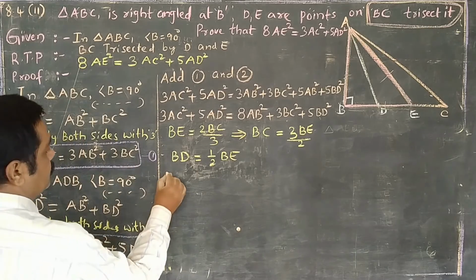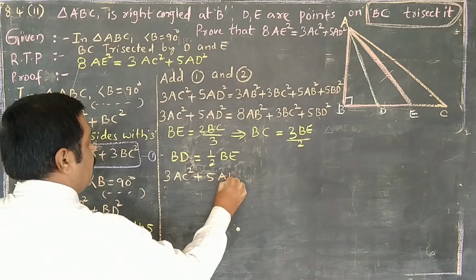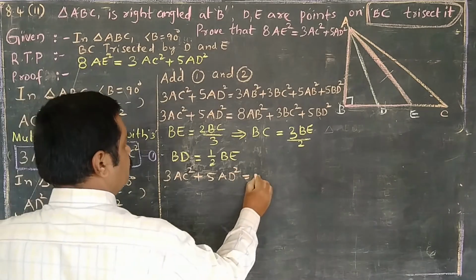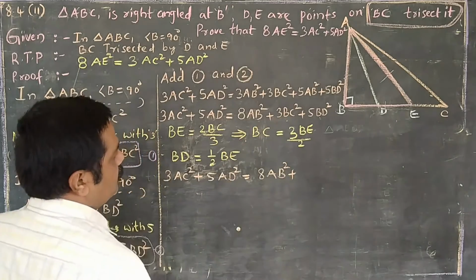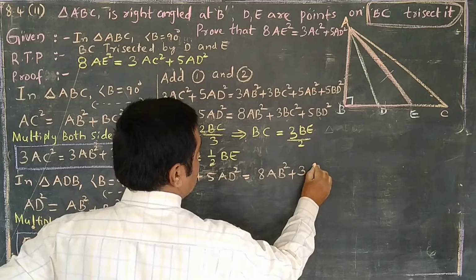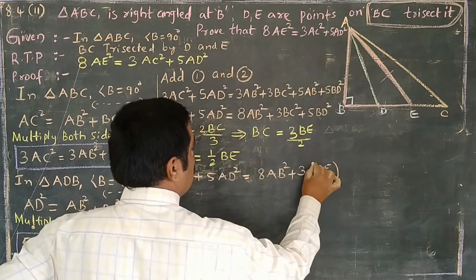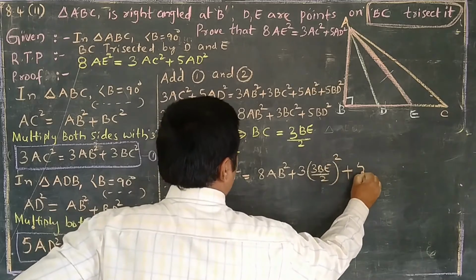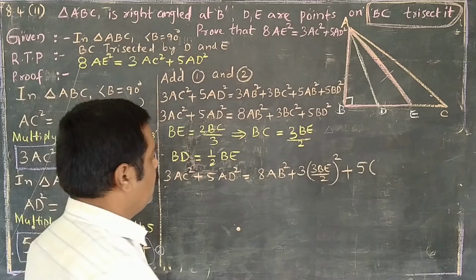Now substitute. 3AC square plus 5AD square is equal to 8AB square plus, instead of BC square, we write 3BE by 2 whole square, plus 5 into, instead of BD, half BE.